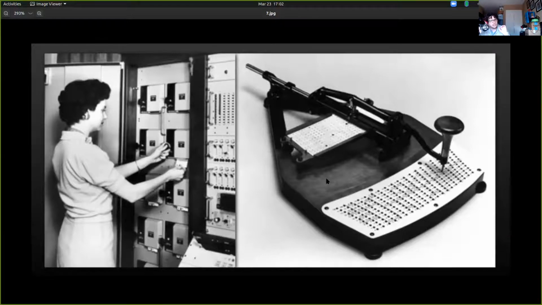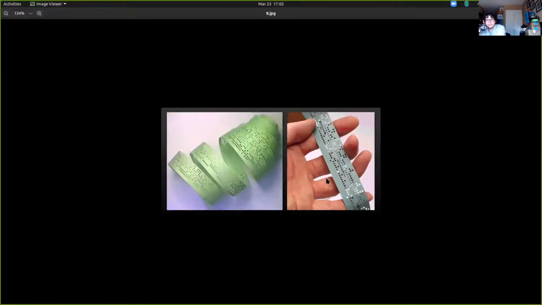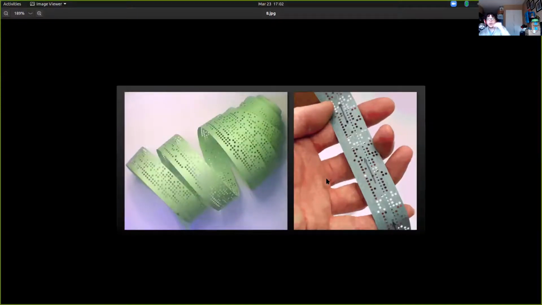And this was actually kind of the norm back in the day. It was mostly this sort of thing. Here's another example. This is ticker tape, paper tape. So this is a program that is stored on a piece of tape as opposed to being stored inside the computer. And so that's one thing that von Neumann did that was pretty original, right?